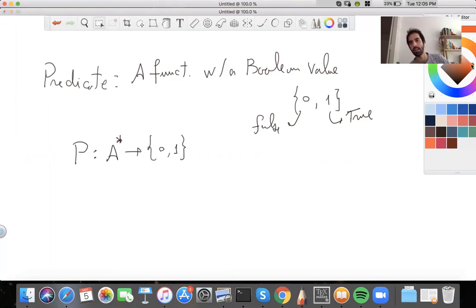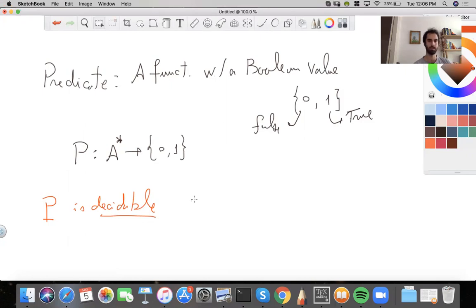And now we can make another definition. This predicate P is decidable if it is computable.